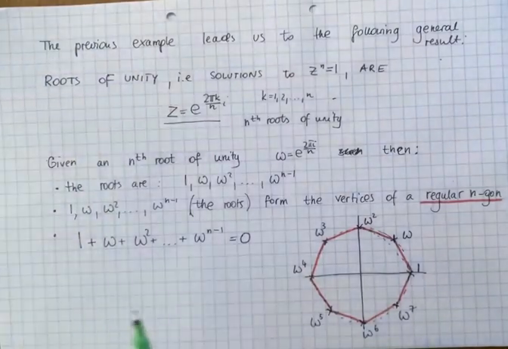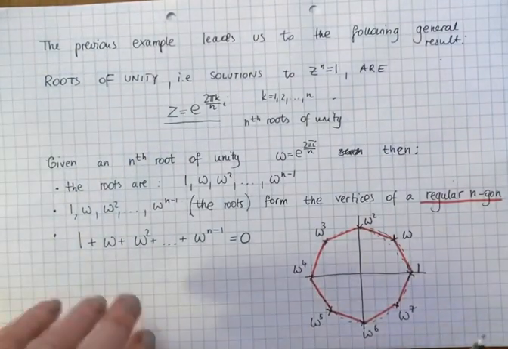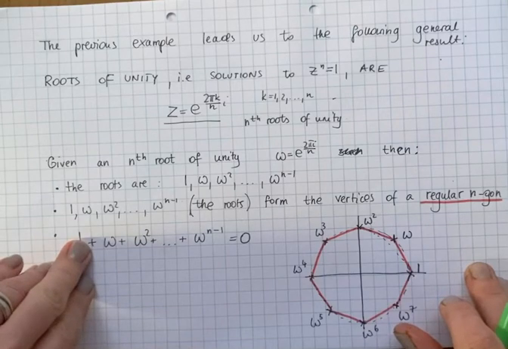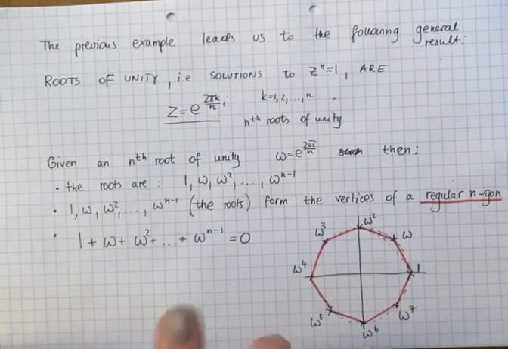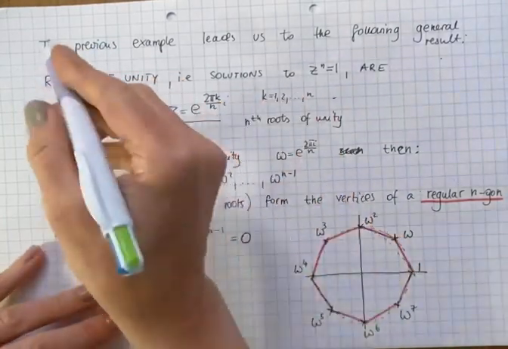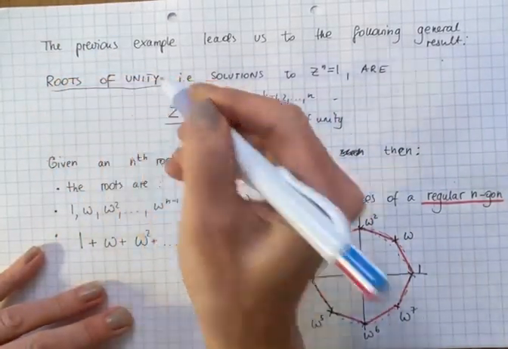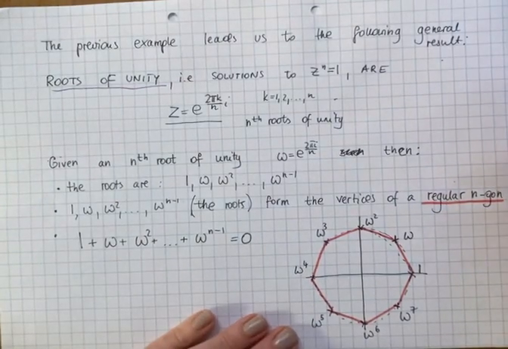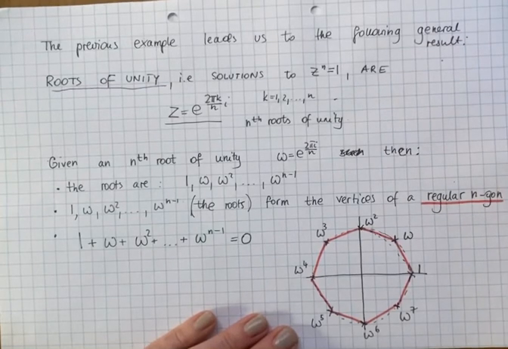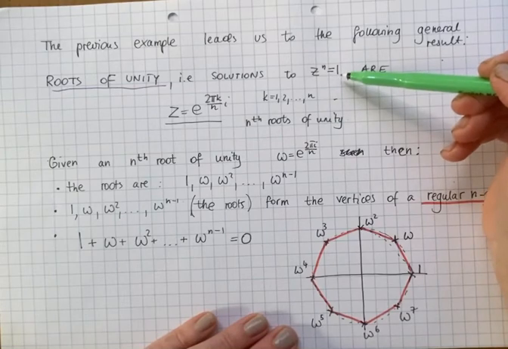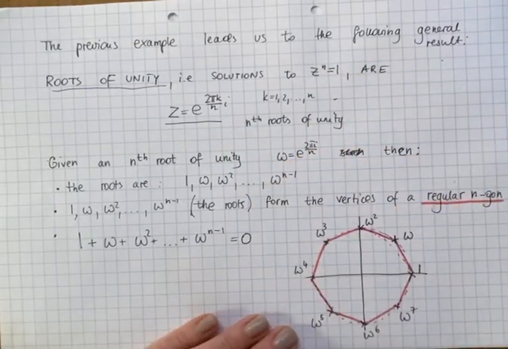Before we move on to this example, we're just going to have a quick look at roots of unity. So I have mentioned the general way of solving an equation, but this is just the properties of roots of unity. So in the previous example, you actually have met one of those properties. If you are solving z to the power of n equals 1, the solution is always the following.